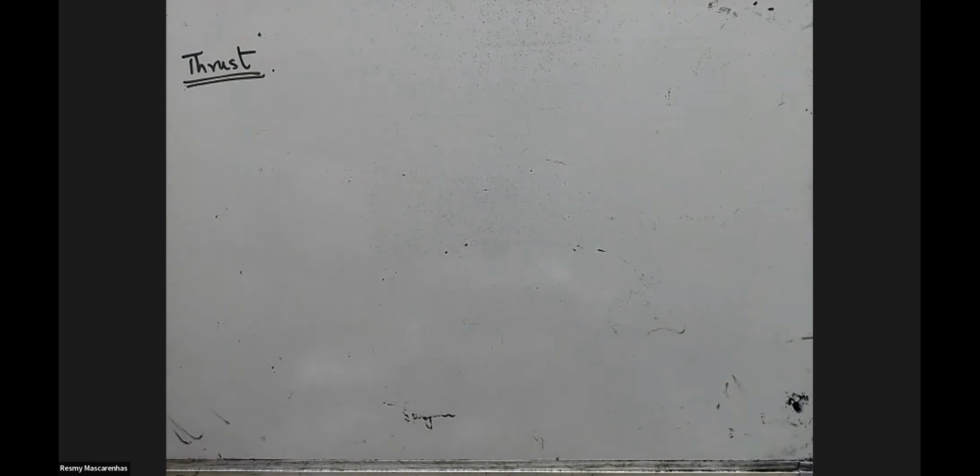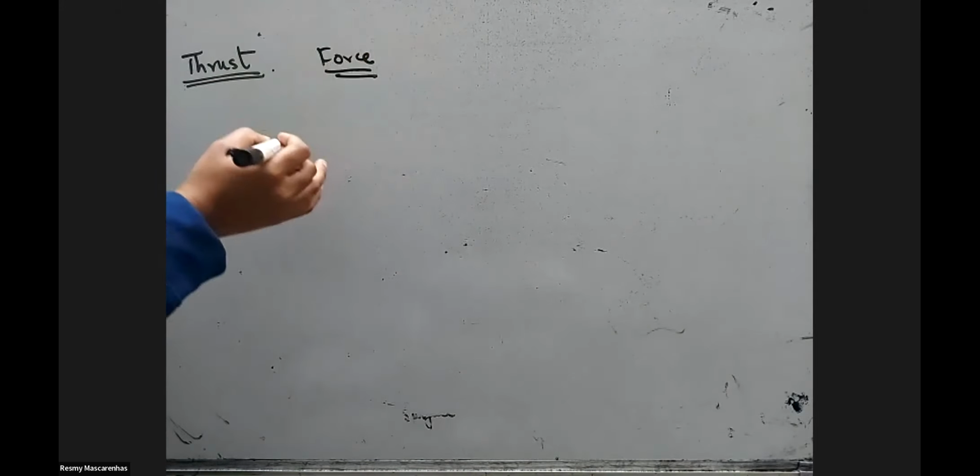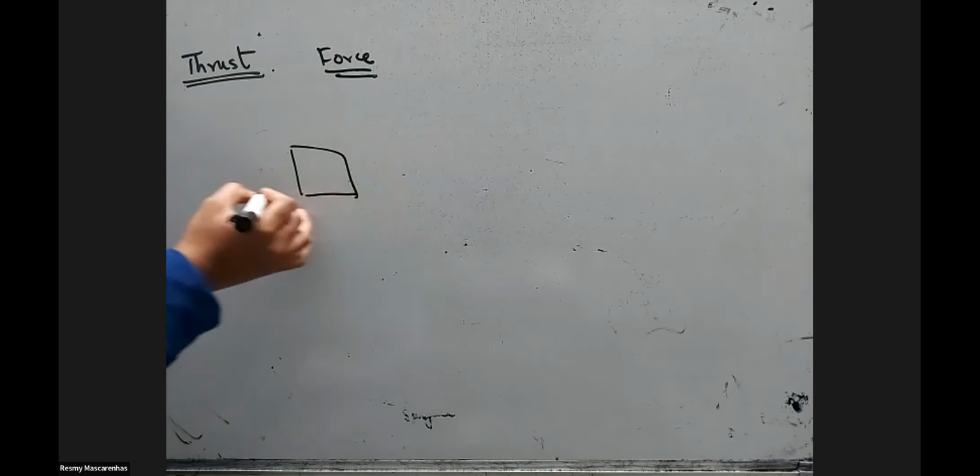Next is thrust. This is not that thrust, like "I trust you." Thrust is basically a force only. Then what is the difference between force and thrust? This is a box.